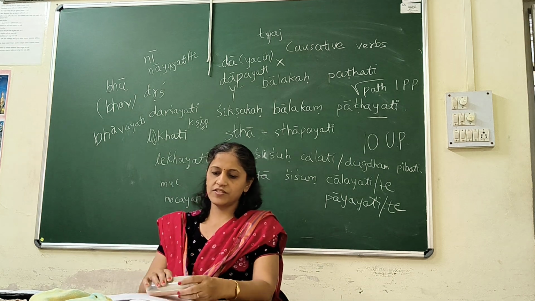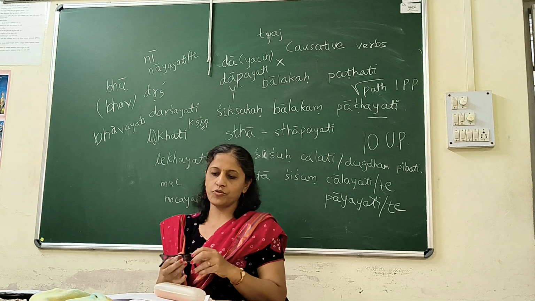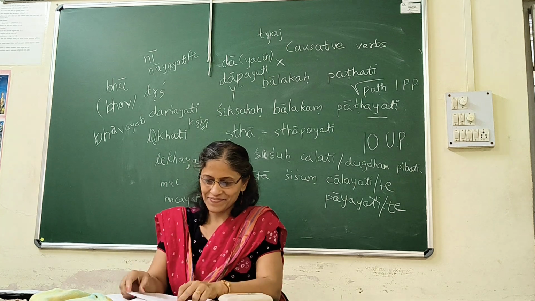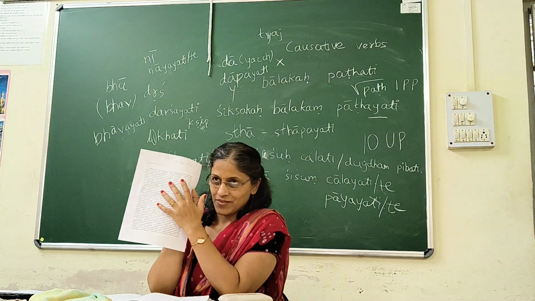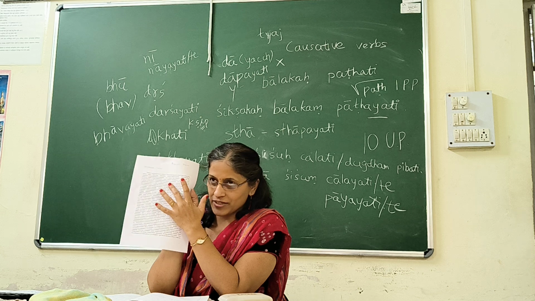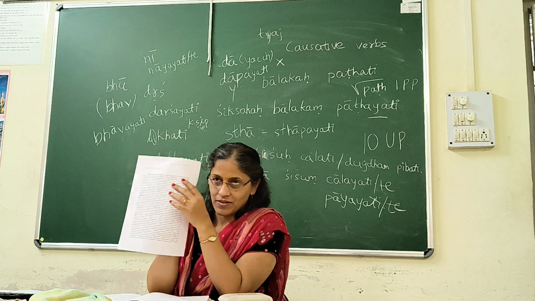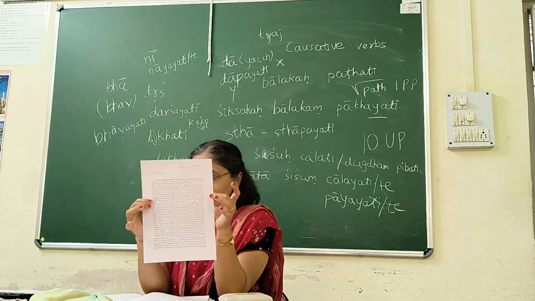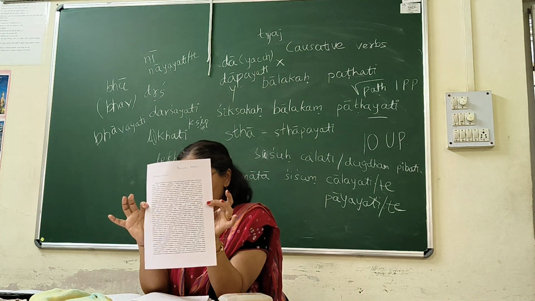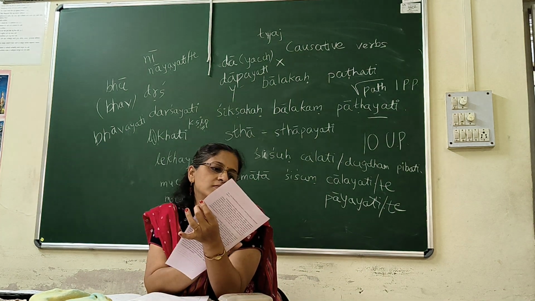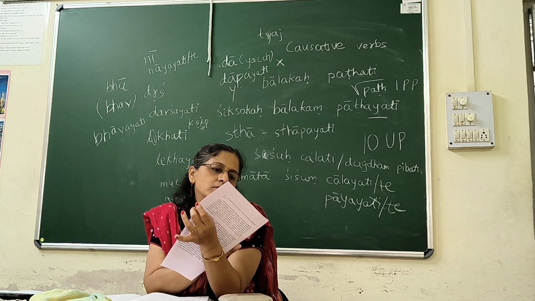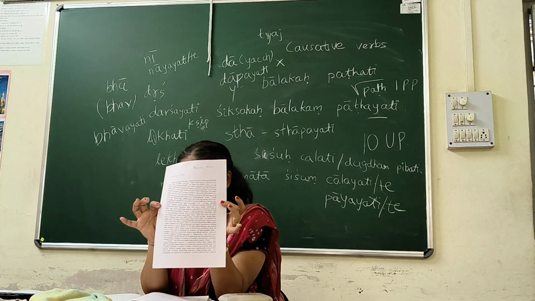Let me search if there is any causative form in your text. Yes, I could get one immediately in your story. BS students, Buddhist studies students, Pranali ma'am's text. Which story is it?